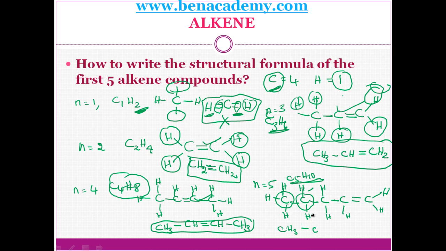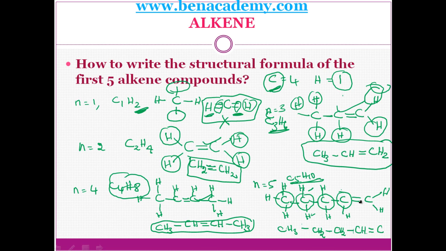1, 2. Therefore, that will be CH2. Now this bond between the 2 carbons comes here, and this carbon is there. Okay, this carbon bonded to how many hydrogens? 1 plus 1, 2, therefore CH2. Now this is connected to another carbon, and this carbon is bonded to how many hydrogens? Only 1, therefore you put only 1 hydrogen. Then double bond is there.